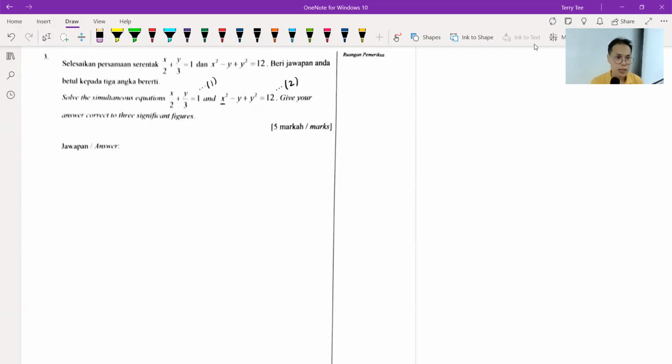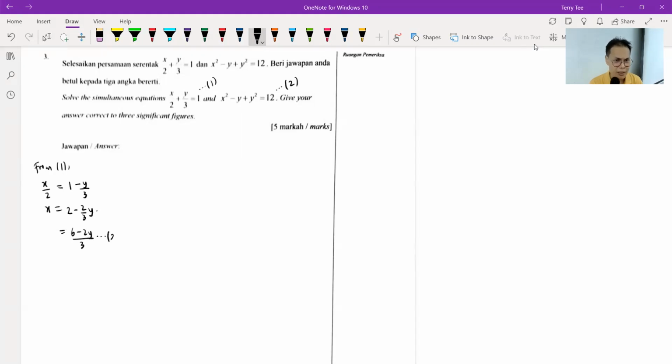Okay, starting from equation 1, x over 2 equals 1 minus y over 3. So my x is 2 minus 2 over 3 y. Now, it's up to you. Some people prefer to combine it, as in you write this as 6 minus 2y over 3. Some people prefer to leave it in fraction form, up to you.